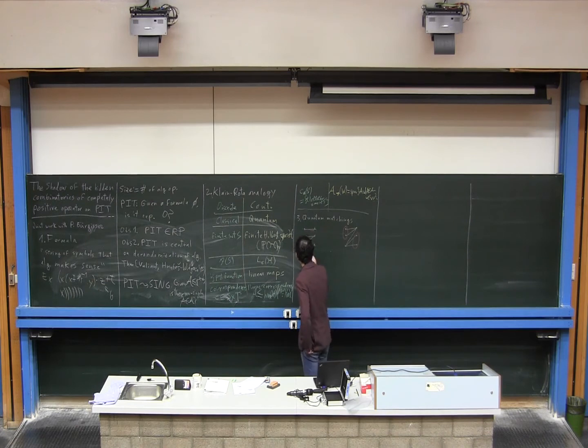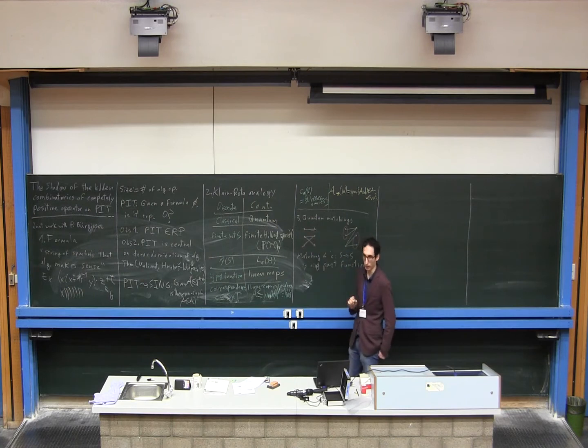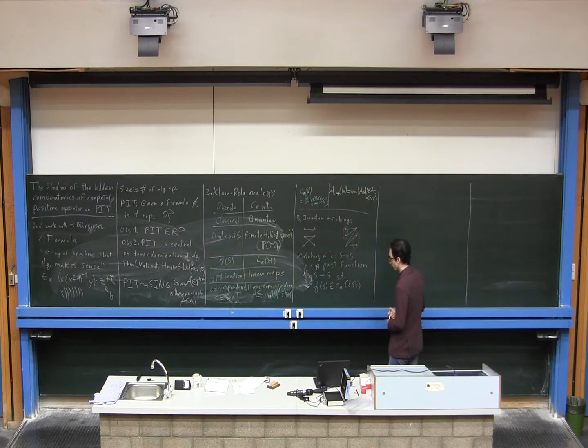Then what one realizes is that a matching, a map going from S to S, is an injective partial function, because essentially it sends a point to nothing else. For every S where F is defined, the image is contained in the set of possible ones that S can go to.